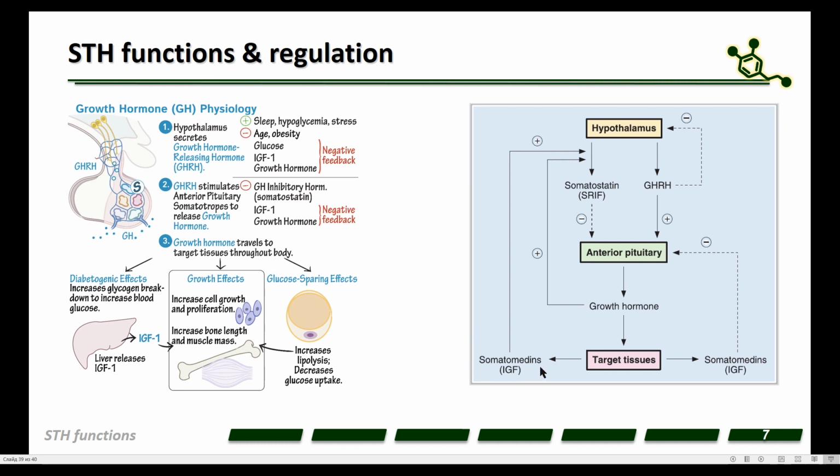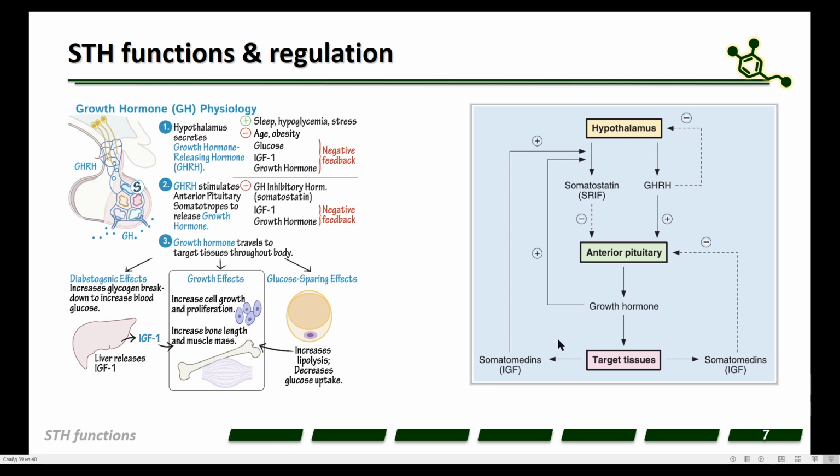If there is increased concentration of insulin-like growth factor or increased concentration of growth hormone itself, the feedback will be sent to both the anterior pituitary and hypothalamus, and since there is a lot, growth hormone releasing hormone will no longer be produced, but rather you will have somatostatin, which suppresses further production until the levels of growth hormone become normal again.